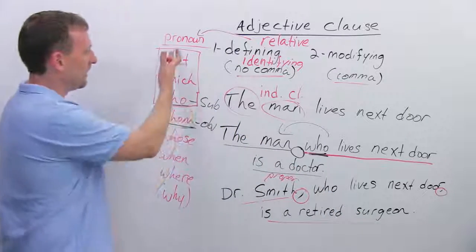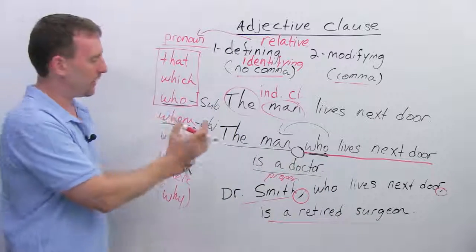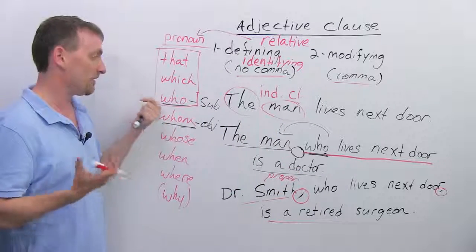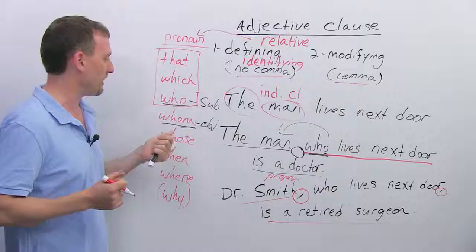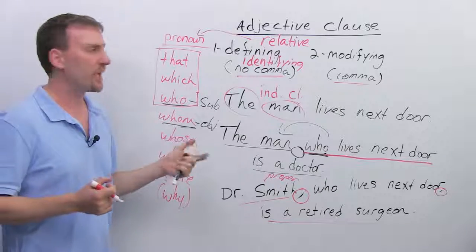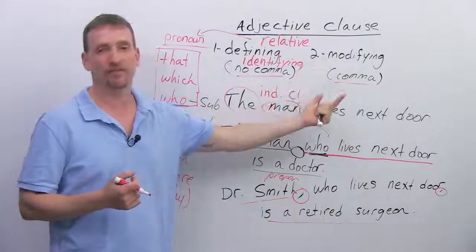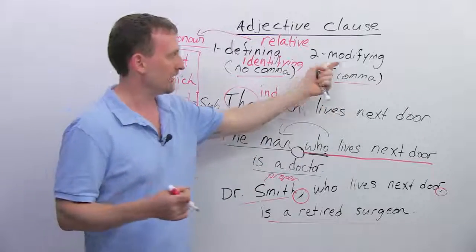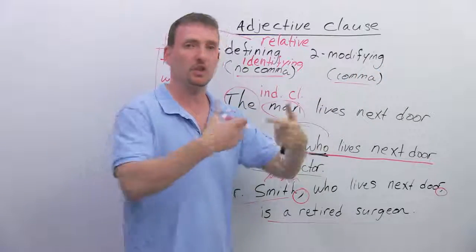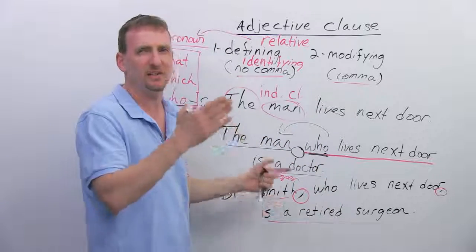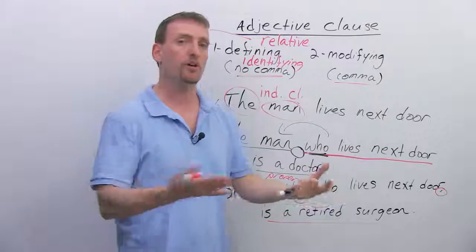Okay? Now, you can use all of these with a comma or without a comma. You can use all the conjunctions, all the relative pronouns, I should say, more correctly. You can use all of them in both identifying and non-identifying or just modifying uses. By the way, modifying, just in case, means to change. So when you modify something, you're changing the meaning of it because you're giving more information.